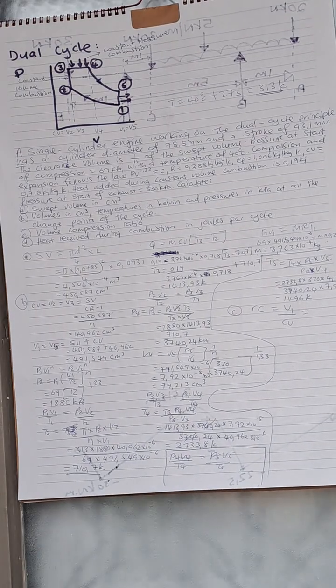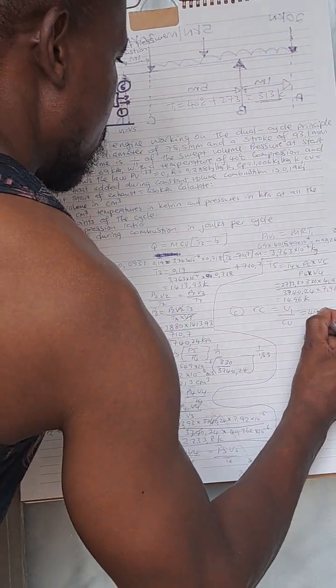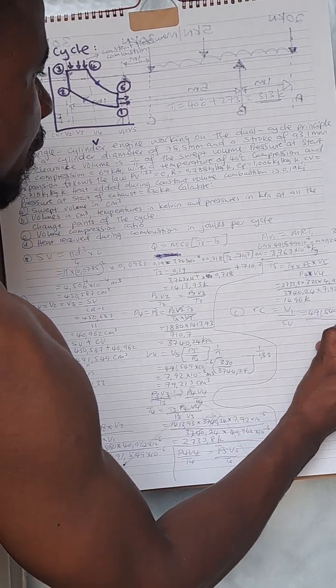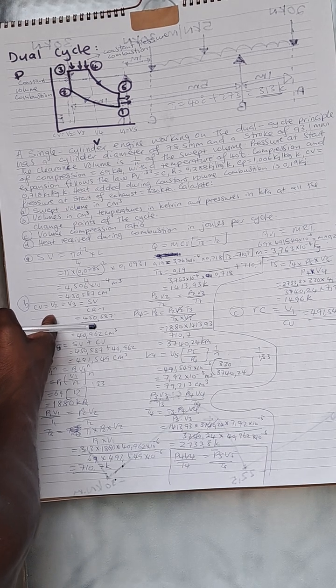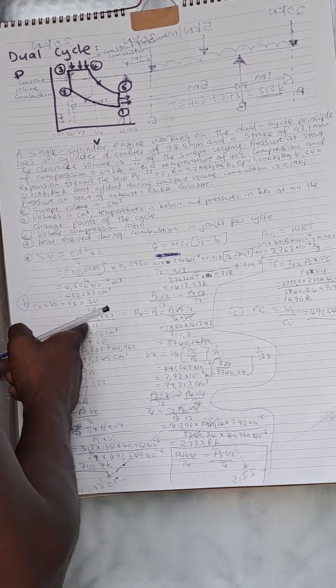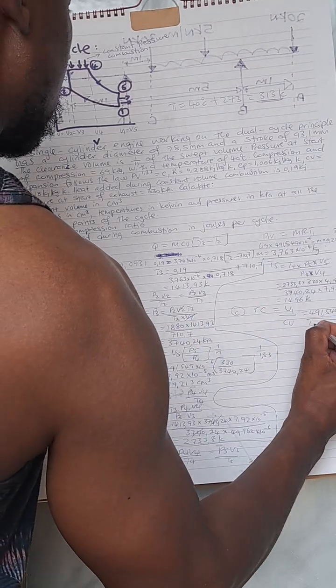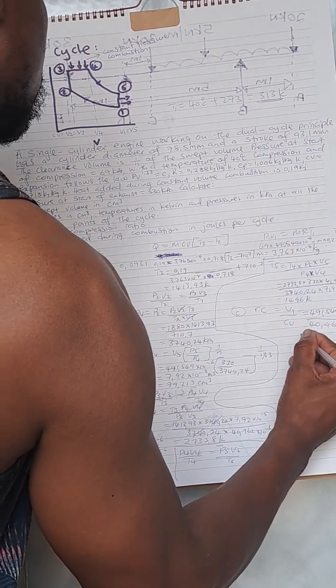Our V1 is 491.549 divided by our clearance volume, which is 40.962.